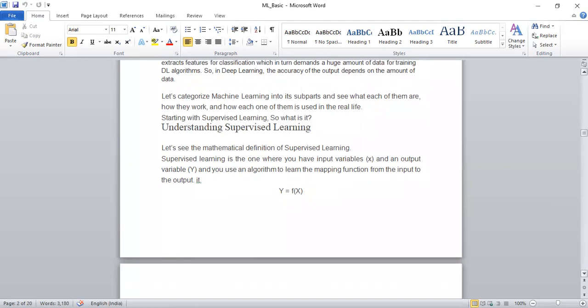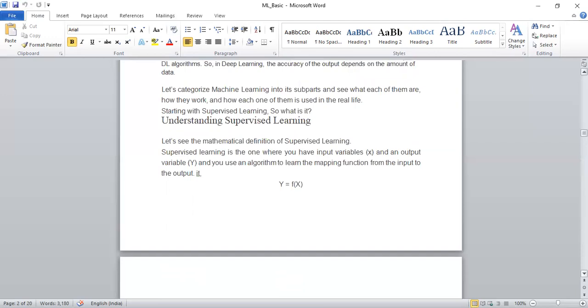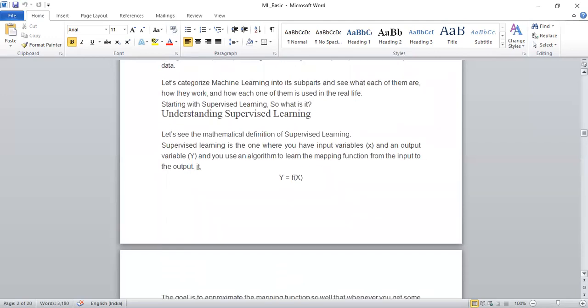So first learn supervised learning. Just go through.